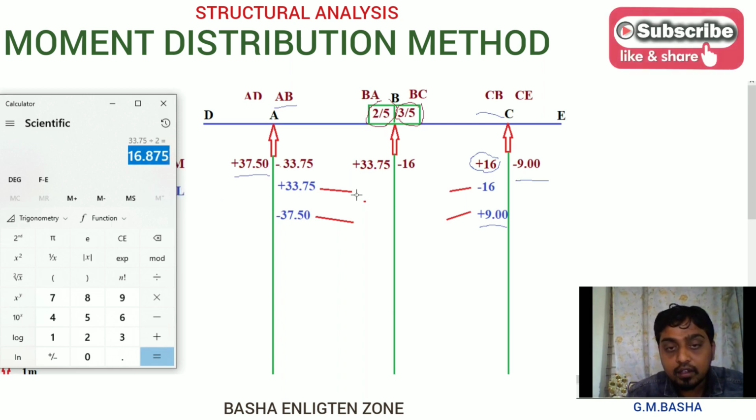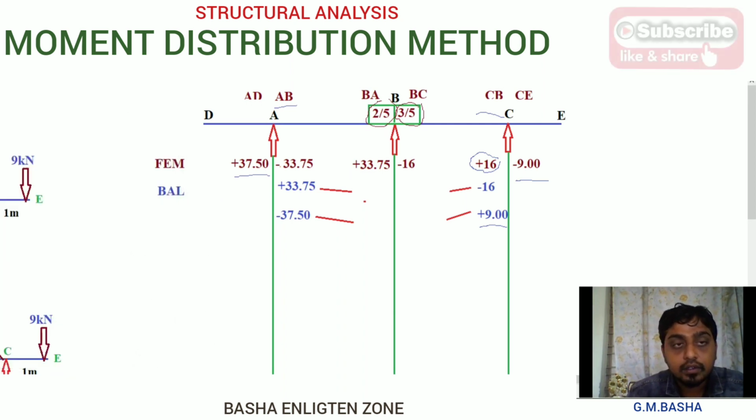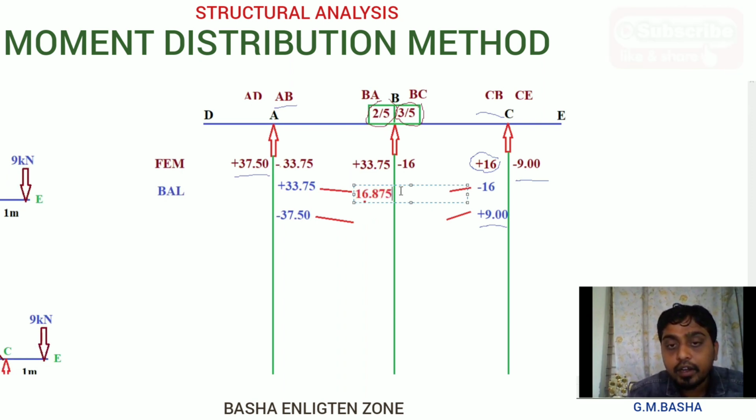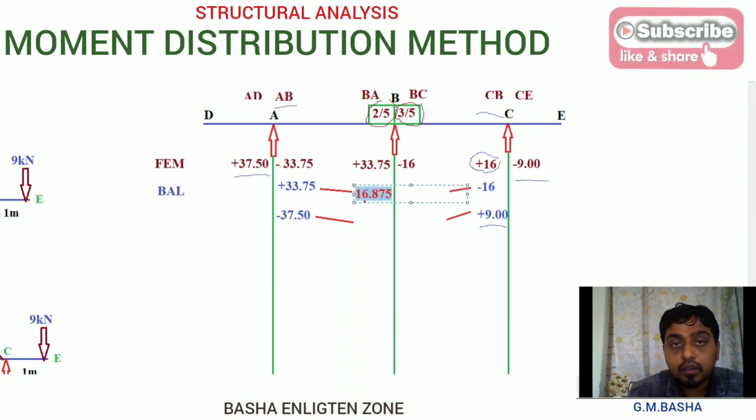So I am carrying the same moment here, 16.875, with the same sign, plus only. While balancing only you have to change the value. Again minus 37.50 divided by 2.